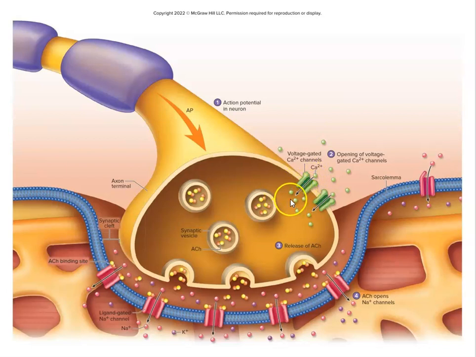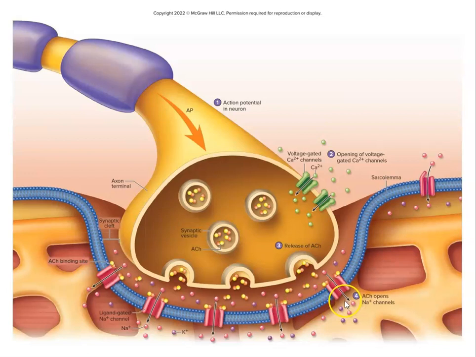Calcium ions coming in tell the synaptic vesicles to dump their acetylcholine out into the synaptic cleft. Acetylcholine, ACh, diffuses over the cleft to bind to the gated sodium channels on the muscle cell.